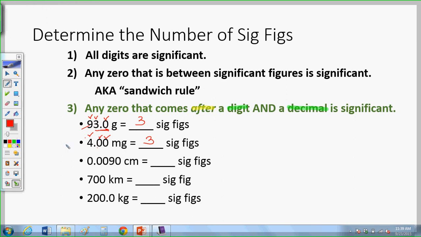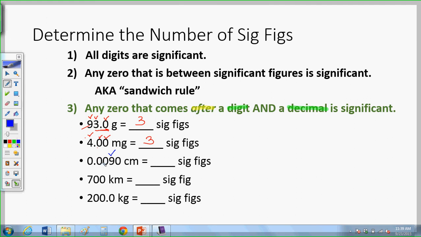In the next example, it's a little trickier. I'm going to start by putting check marks above all digits. I just have the 9. Next, I'm going to look for zeros in a sandwich. I do not yet have any. I can always go back if I need to. The third rule, I'm going to look for zeros that come after a digit and a decimal. So in this situation, I'm going to take a look at these zeros here. Notice how this one does not come after a digit or a decimal. It's not significant.